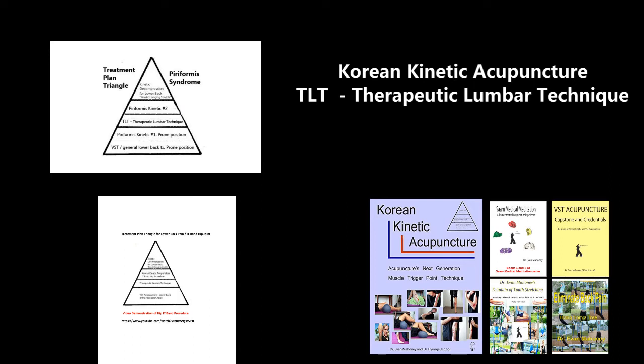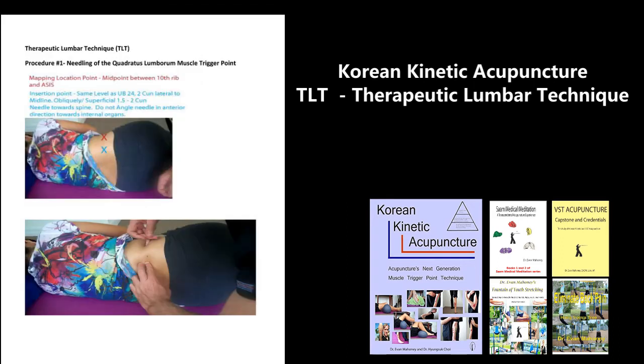So the acupuncture procedure is we needle, and this acupuncture procedure can needle the quadratus lumborum and also target the psoas muscle trigger points. So in order to map this out, if you look at the picture here, we're going to map the location, and it's at the midpoint between the 10th rib and the ASIS.